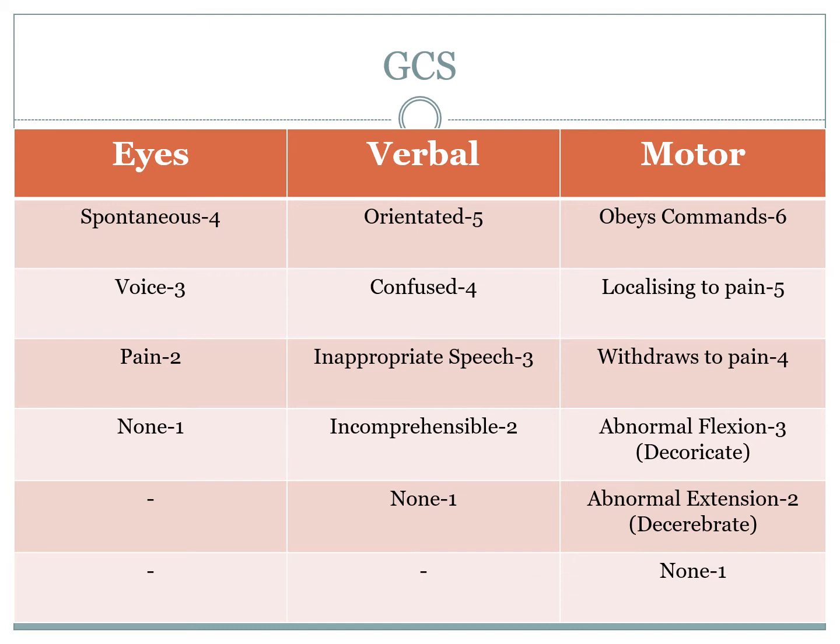Okay, so when we're looking at 3 and 2, abnormal flexion and abnormal extension, it's pretty much always associated with head injuries. Okay, so you're not going to get those responses from somebody who has had trauma, has lost blood, or has lost their GCS as a result of lack of perfusion or something like that. This is literally pressure on the brain, especially when we're dealing with abnormal extension.